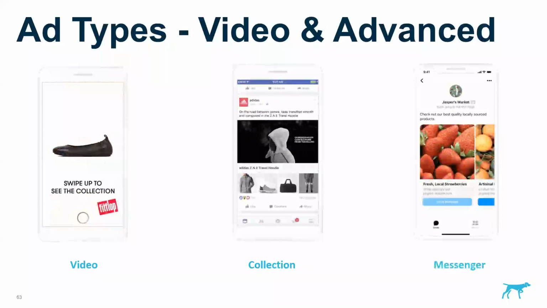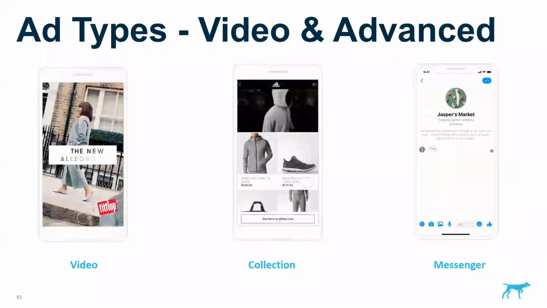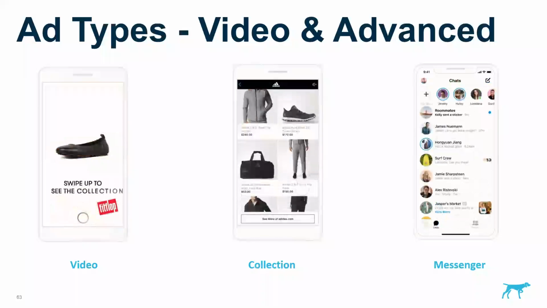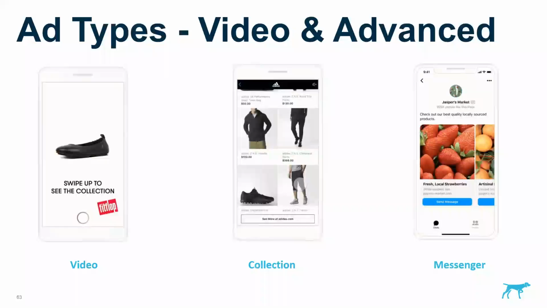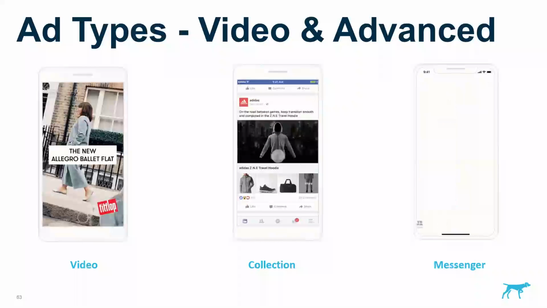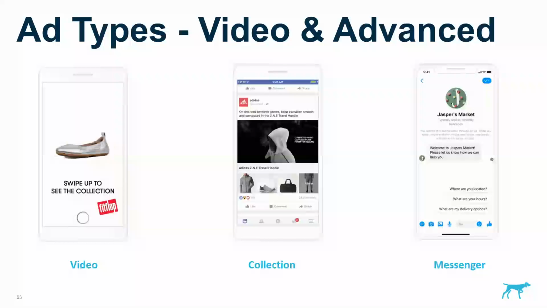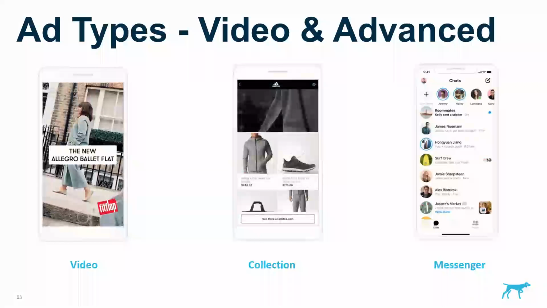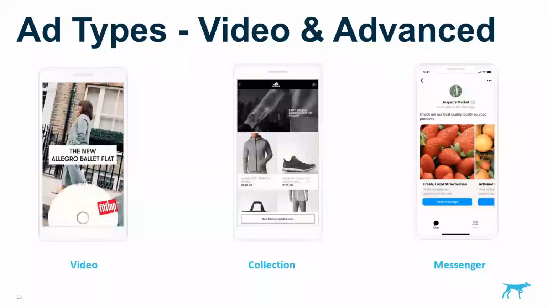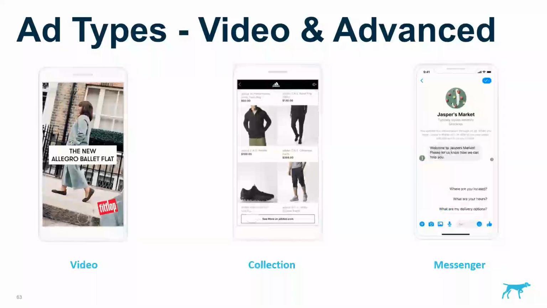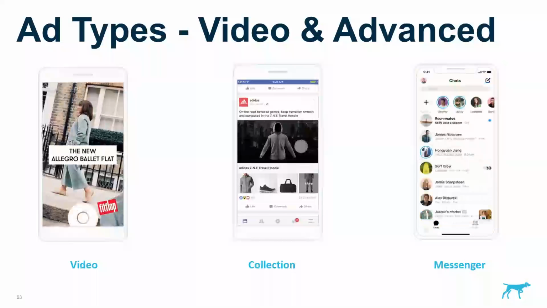In terms of more advanced ad types, we've got the video ad. These can either be, sorry, there's a lot happening on this page, a full page, or they can appear in the news feed as previously. The collection ad is actually quite complex and interesting. This is using Facebook's catalog feature, where if you're a retailer, you can upload your products and their prices.